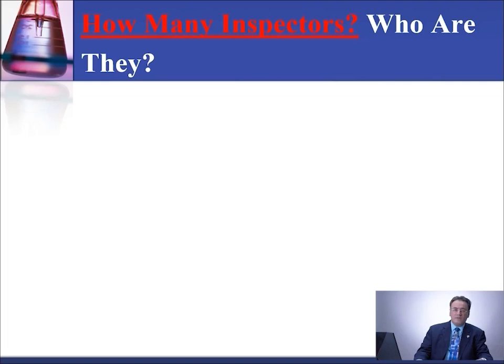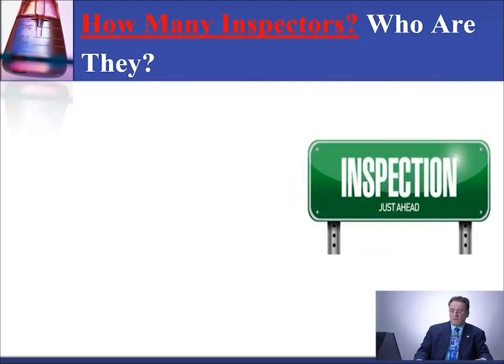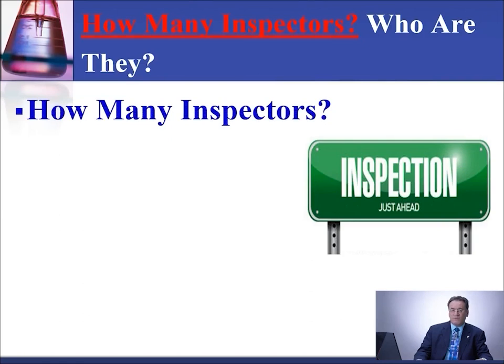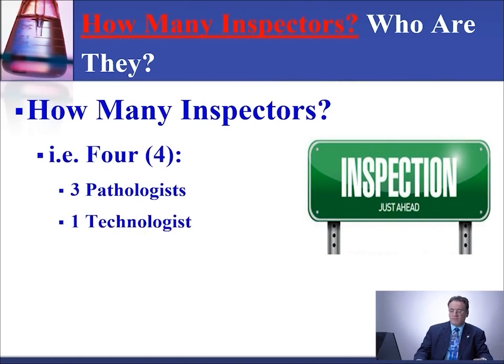For non-US labs, you know exactly who's coming, how many are coming, and who they are. They will tell you their name. So let's say if you're getting 4 inspectors, then there will be 3 pathologists and 1 technologist.